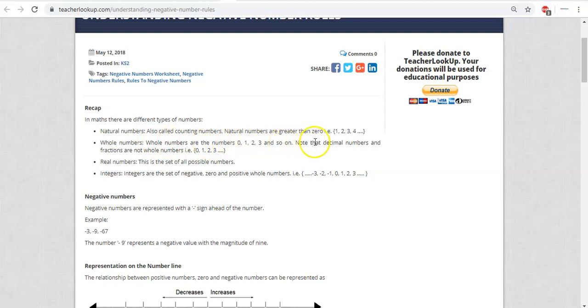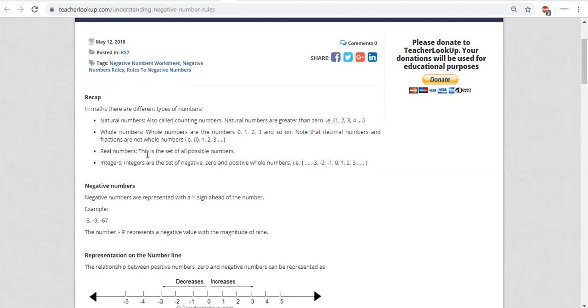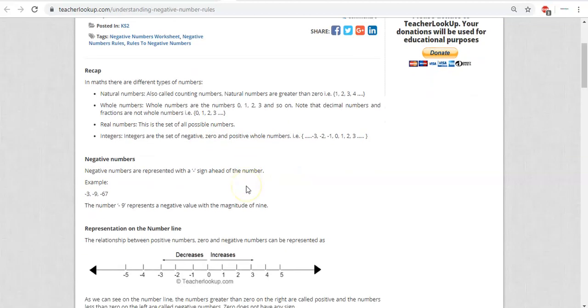Note that there are no decimal numbers or fractional numbers because they're not whole numbers. Real numbers is the set of all possible numbers. Integers are the set of negative, zero and positive whole numbers.